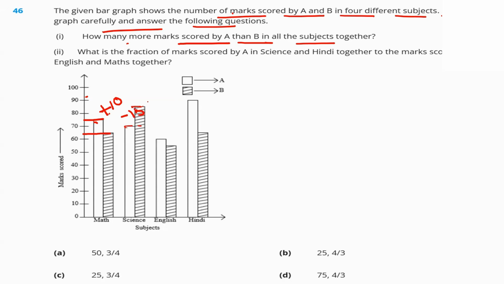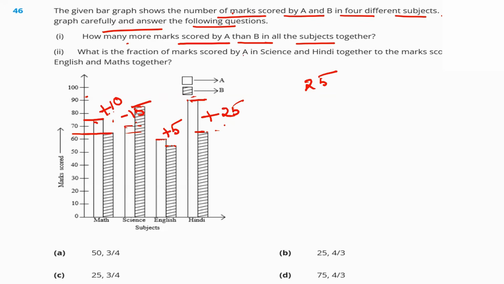So A has scored less, so minus 15. Over here, this is 60 and 55, plus 5 for A. And this is 90 and 65 for B in Hindi. So that's plus 25 again for A. So how much has A scored more? Plus 25, plus 5 is plus 30, plus 10 is plus 40, minus 15. That's 25. So overall, A has scored 25 more.